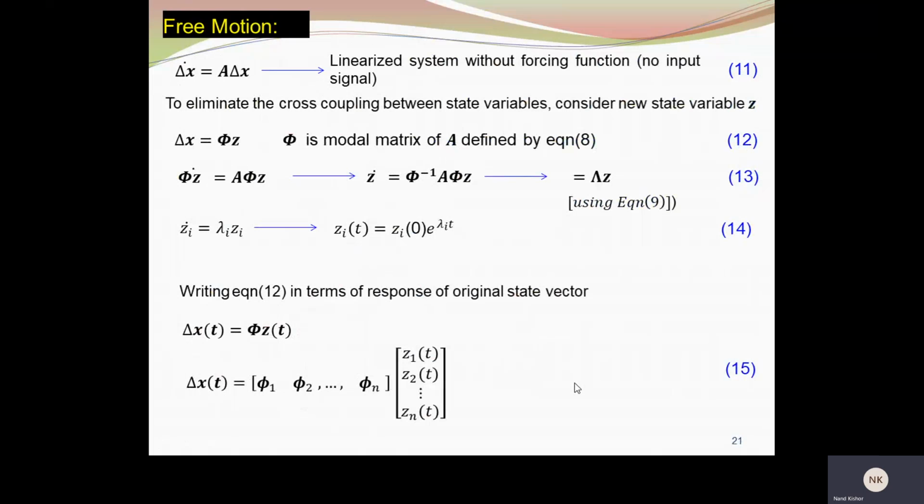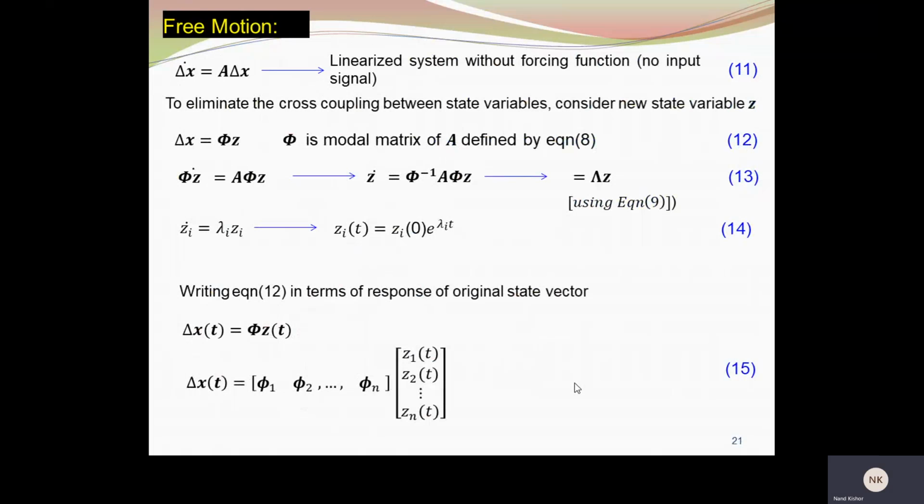Now, with these properties, we want to discuss how we will be able to analyze the system response. With this we consider a topic that is a property related to free motion.